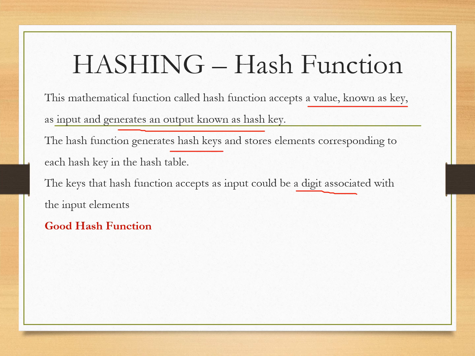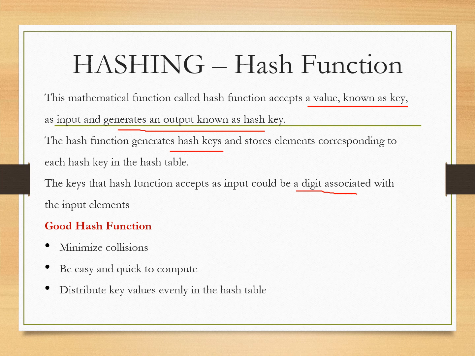There are some features to define a good hash function. Number one, it should minimize collision. We'll come to that later, at that time you will know what is collision. As of now, you just know the characteristics of a good hash function. It should minimize collision. It should be easy and quick to compute. It should distribute the keys evenly in the hash table, and it should use all information provided in the key.